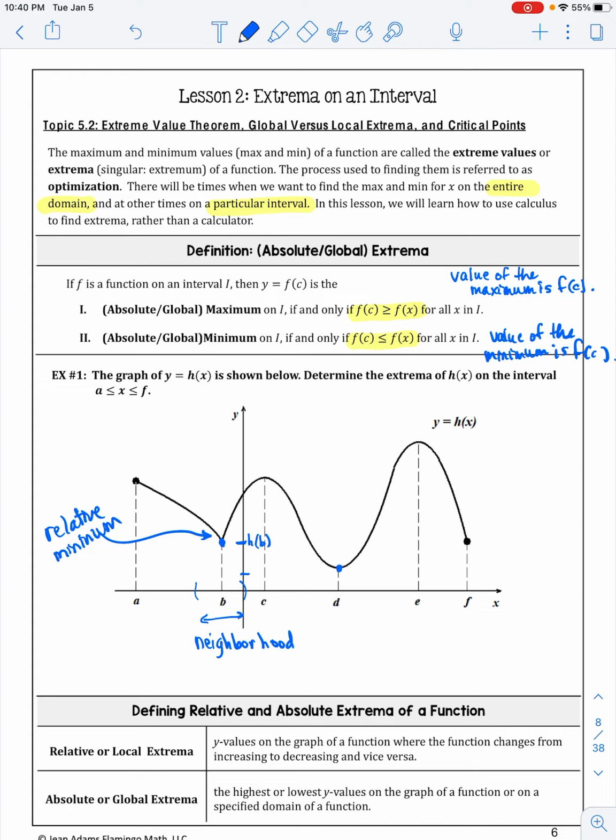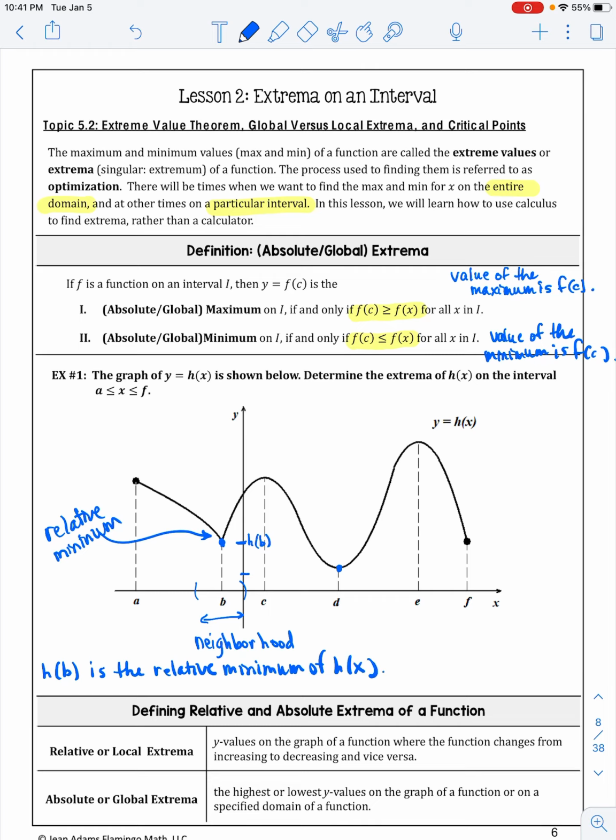The value of the minimum is h of b. And so you'd say h of b is the relative minimum of h of x.